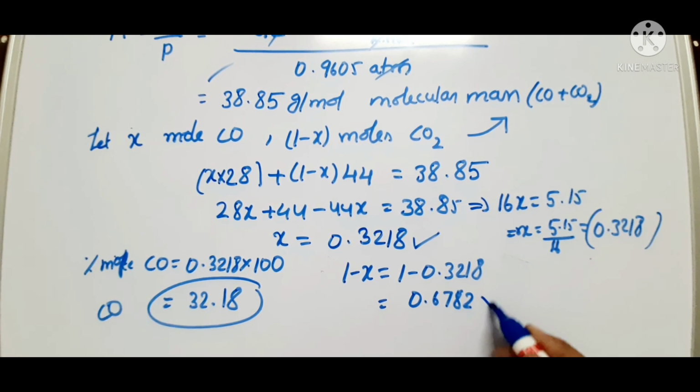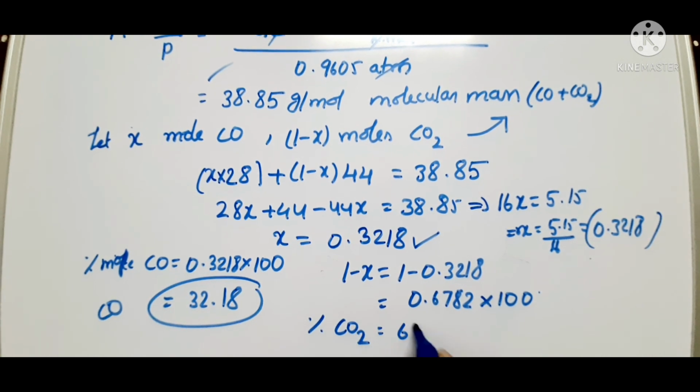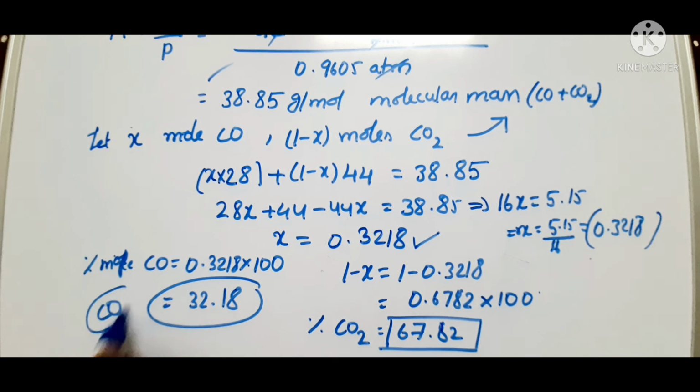When you multiply it by 100, because it is the percentage mole of CO2, you will have 67.82. When you add these you get 100. So the mole percent of CO is 32.18 and the mole percent of CO2 is 67.82 in the mixture of CO and CO2.